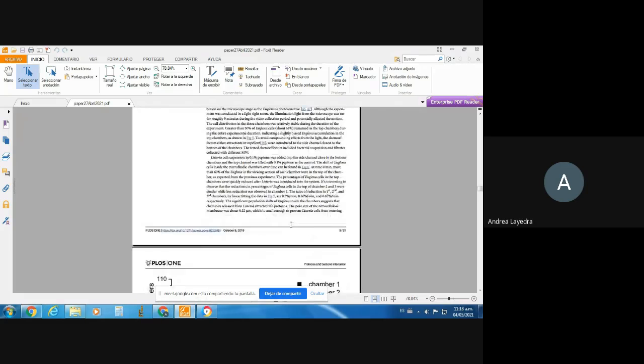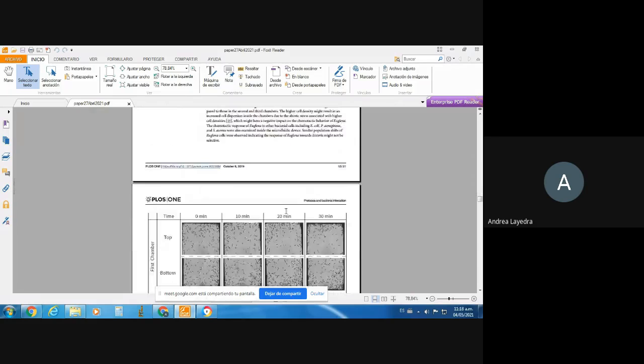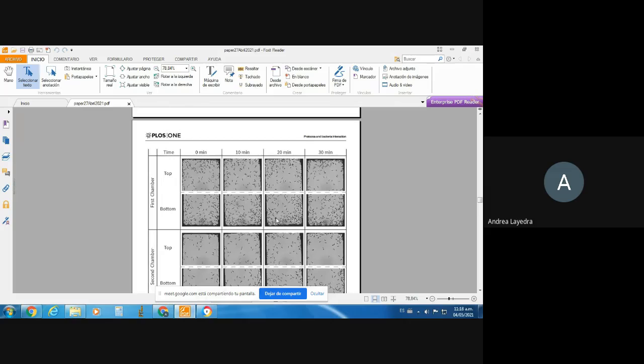In this figure, you can see the percentage of Euglena in top chambers without chemoeffectors. Here, you can see the displacement of Euglena cells over time. At time zero, more than 60% of Euglena was at the top, and they were rapidly reduced after Listeria was introduced into the system.